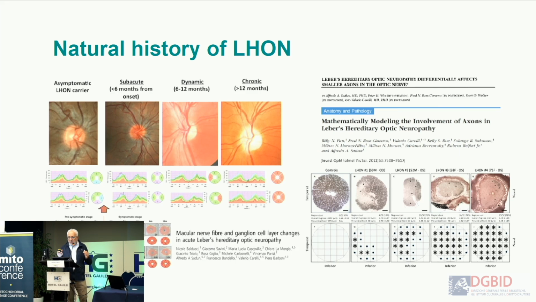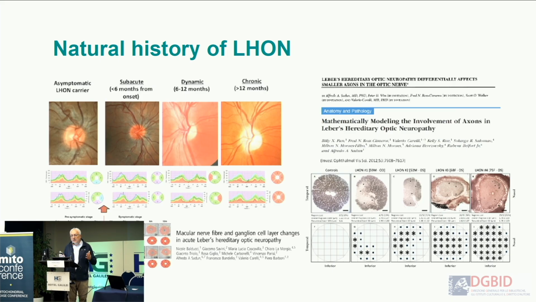Within 6 months, you are at the nadir of the visual loss, but structural analysis by OCT still shows a dynamic situation. So from 6 to 12 months, we call this phase dynamic because visual loss has already happened, but fibers are still swollen, then progressively they're lost, and the initial temporal pallor enlarges until it invades the entire optic disc.